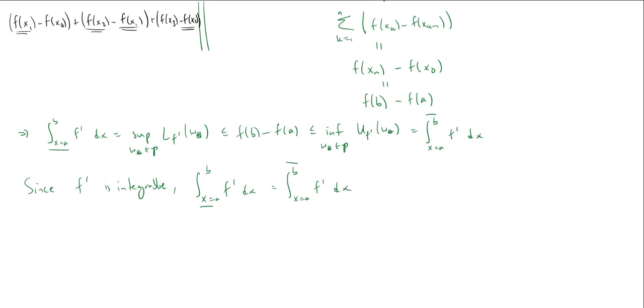But if the endpoints are equal, then all the stuff in the middle has to be equal. And so this has to equal f of b minus f of a. And there it is. There's our proof of the second fundamental theorem of calculus.